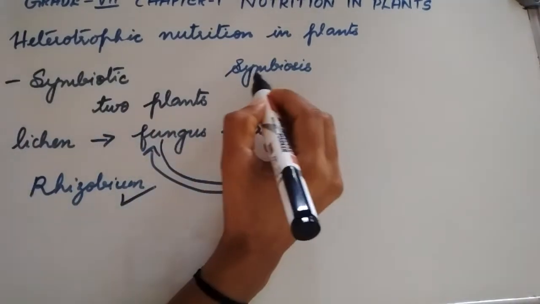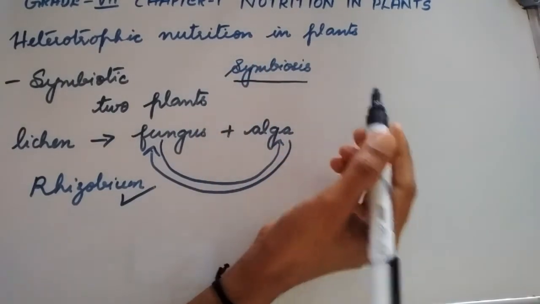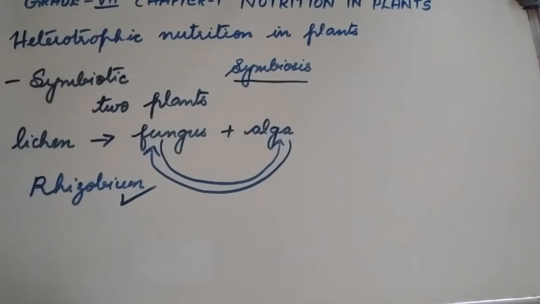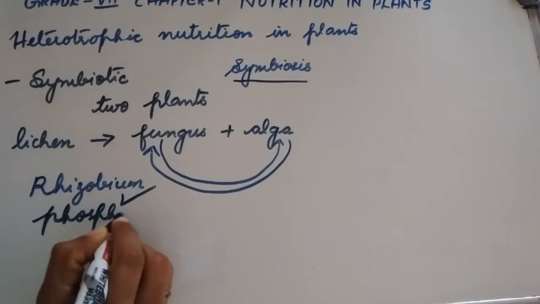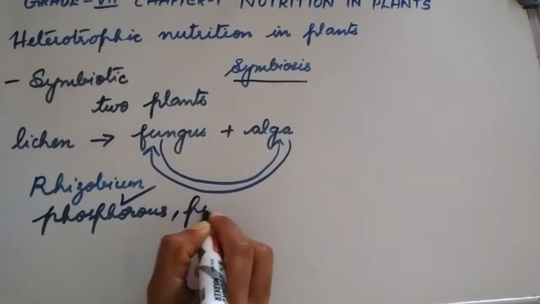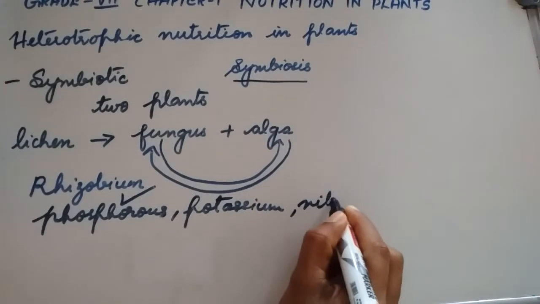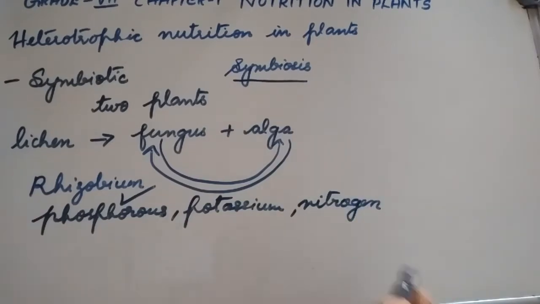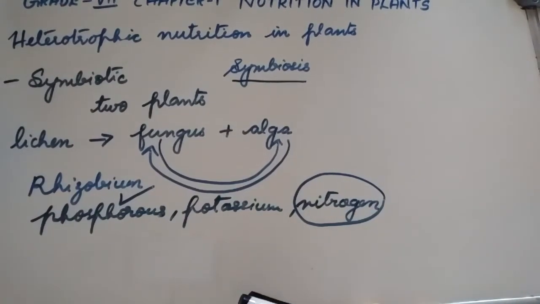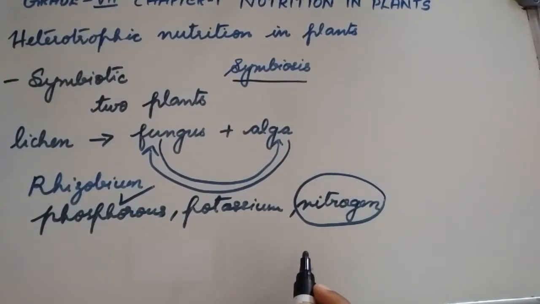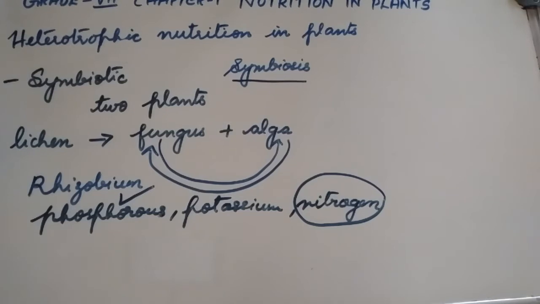Now, symbiosis is very helpful to farmers. Soil provides many minerals to the plant, such as phosphorus, potassium, and nitrogen. Among all the nutrients, nitrogen is very important for the growth of the plant as well as for the synthesis of proteins.